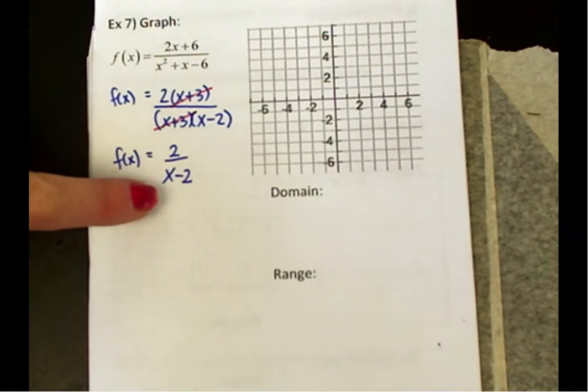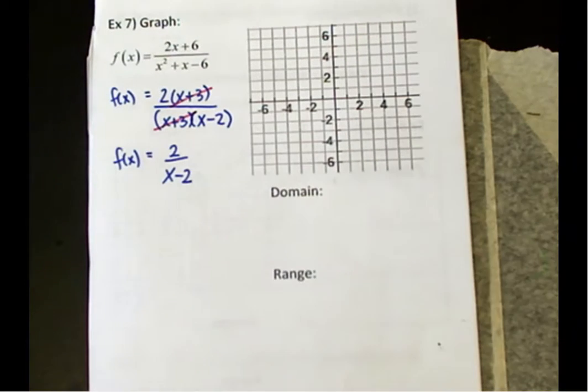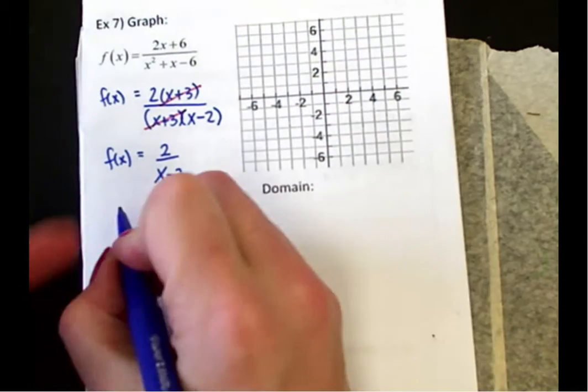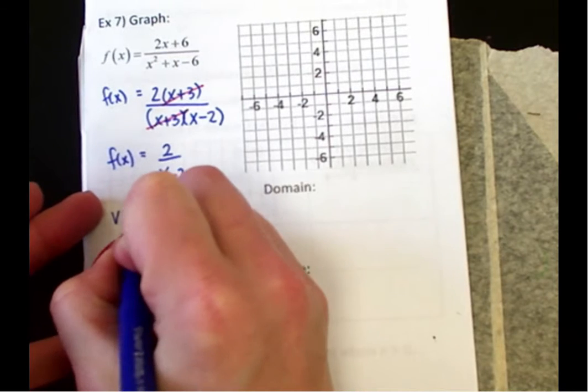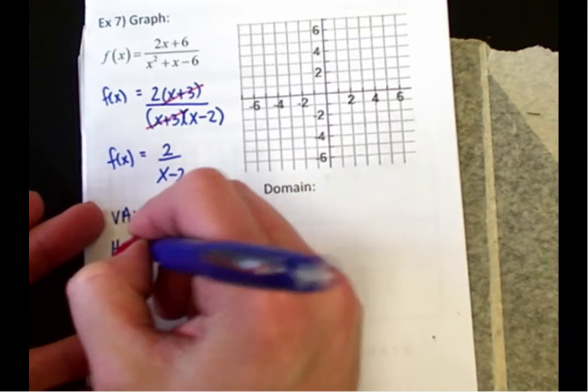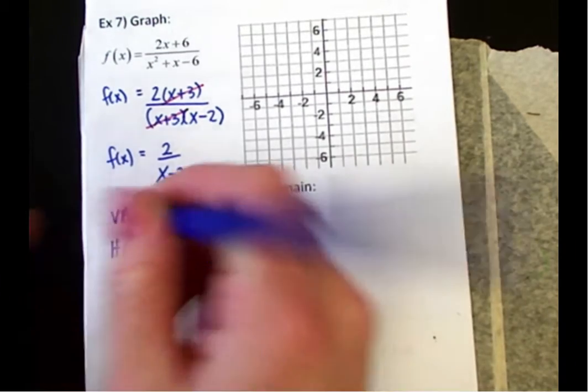A is 2, H is 2, K is 0. Okay, well, let's see what we can do. Vertical asymptote, x equals 2. Horizontal asymptote, y equals 0.